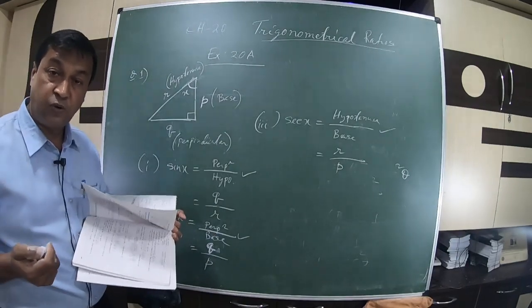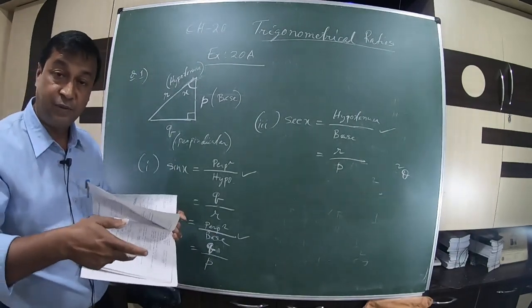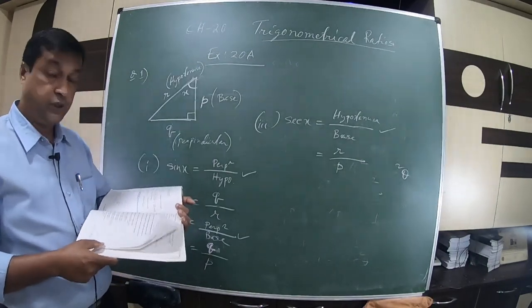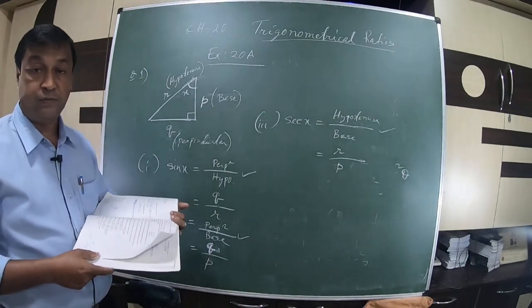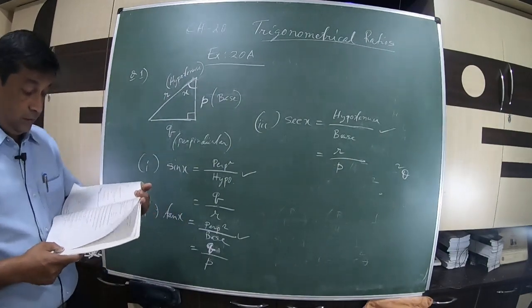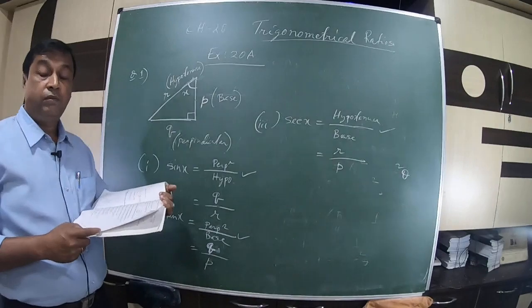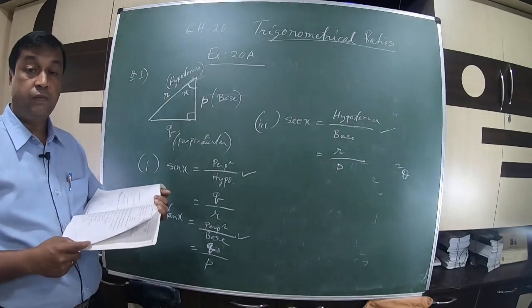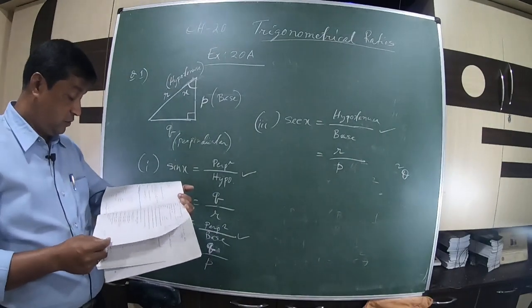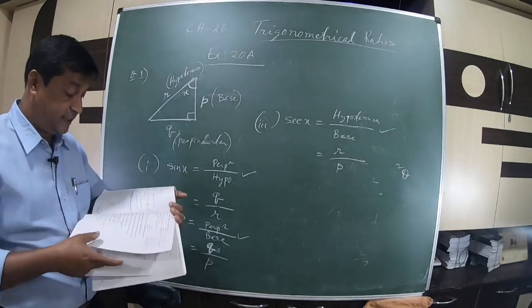You have to understand how it is coming from the given diagram. Then only you can apply it in the question to find the answers. I hope it's clear to you. Now, if it is clear, let's go for the next sum.